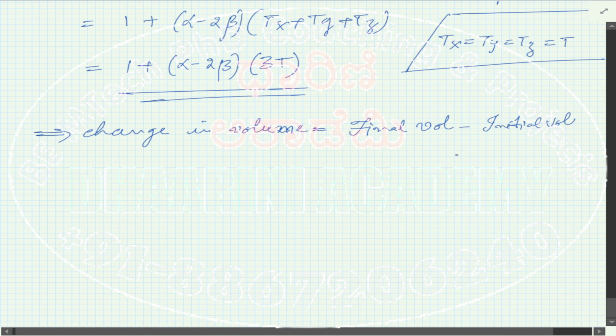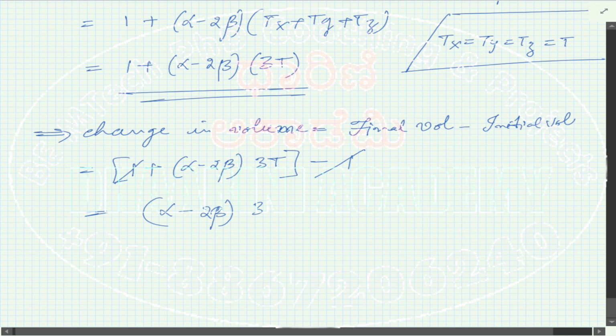Final volume we just have calculated, that is 1 plus alpha minus 2 beta times 3t, minus 1. So this plus 1 minus 1 cancels. So the change itself is denoted by alpha minus 2 beta into 3t.